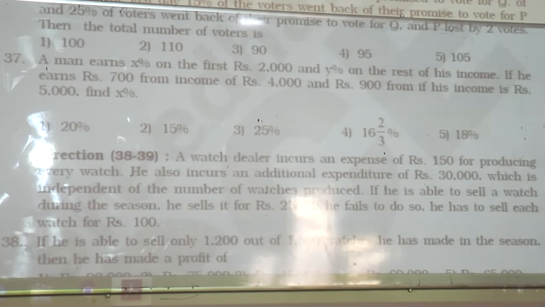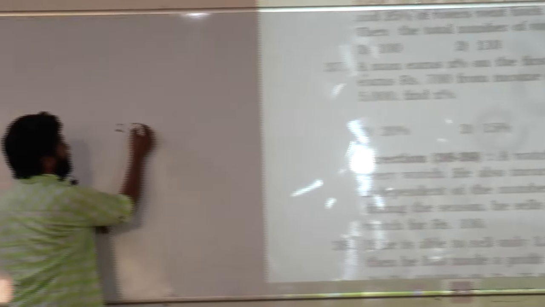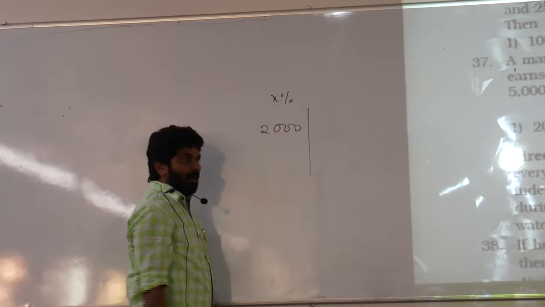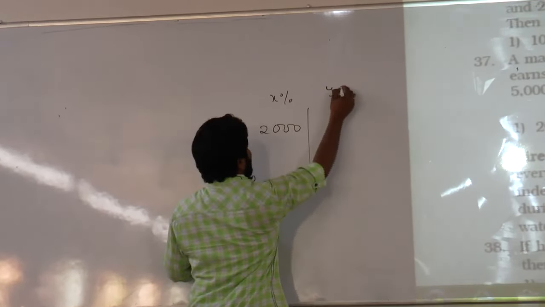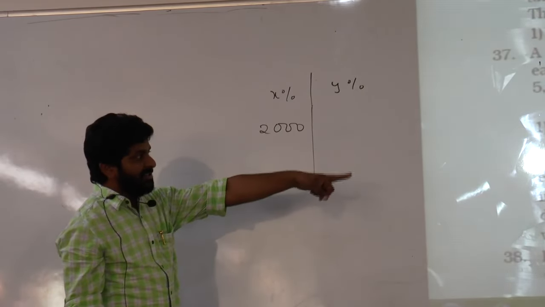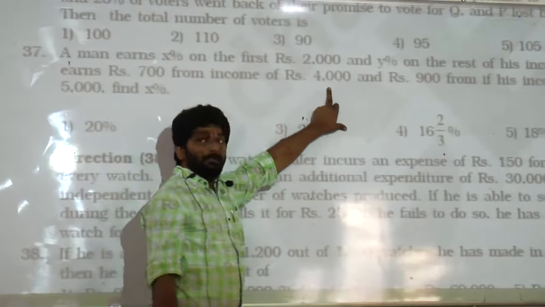Right. So in the first case his income is 4,000. Out of 4,000, for first 2,000 he is going to get X%, and on the rest he is going to get Y%. He is getting 700 rupees from the income of 4,000.